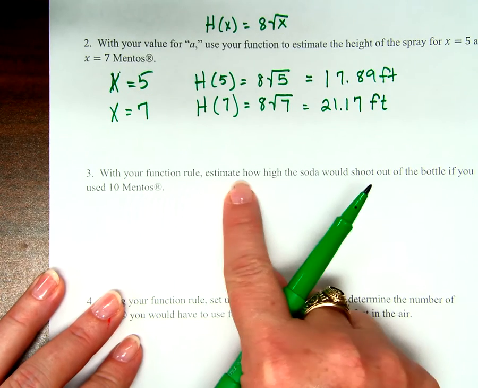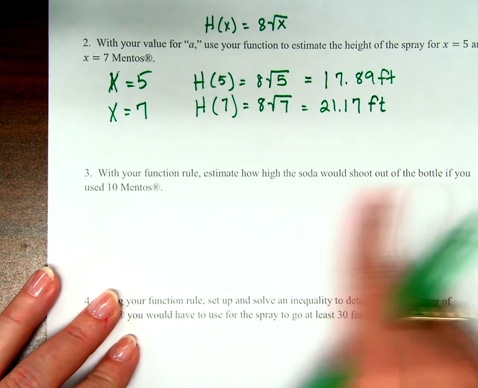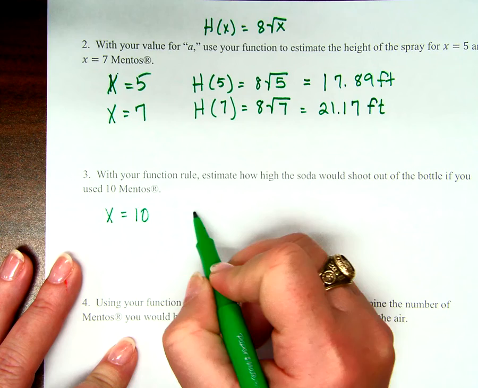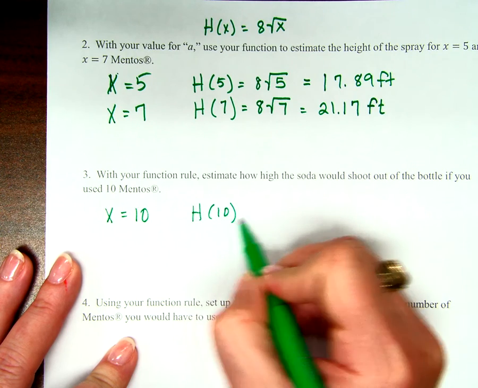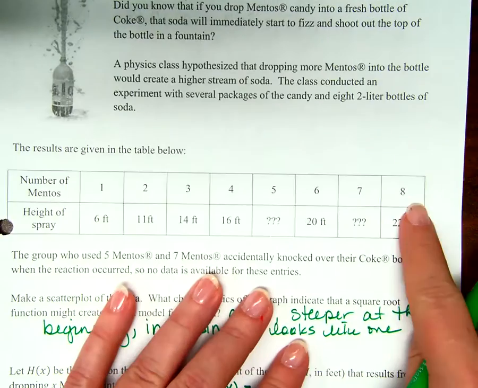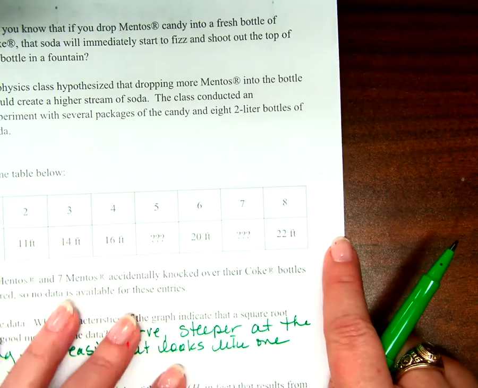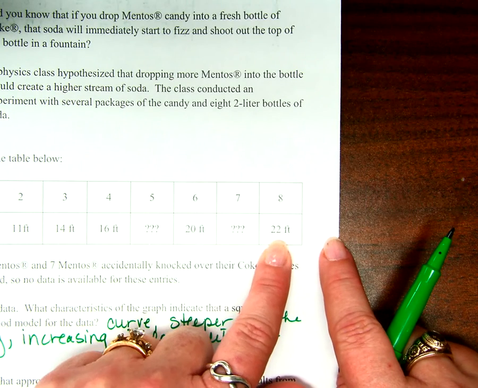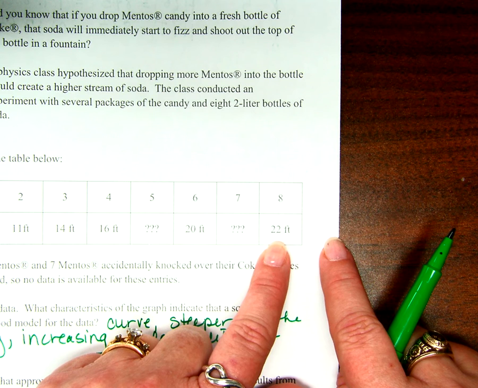With your function rule, estimate how high the soda would shoot out of the bottle if you used 10 Mentos. Why do we care about 10? We don't have that number. Nobody even did 10 Mentos, right? So is that something we can predict? Is it going to be more or less than 25? Is it going to be more or less than 30? And how do you know that?